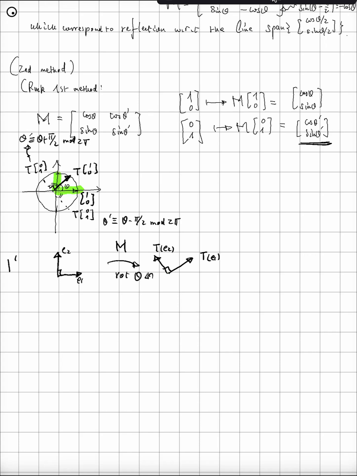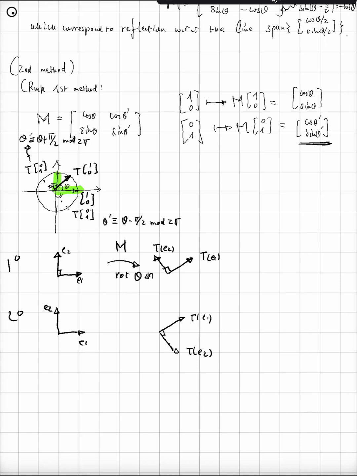And in the second case, what you do is take E1, E2, and finally this is your TE1, this is your TE2. How did you get this? This is a reflection. It's not that obvious, but think about it.